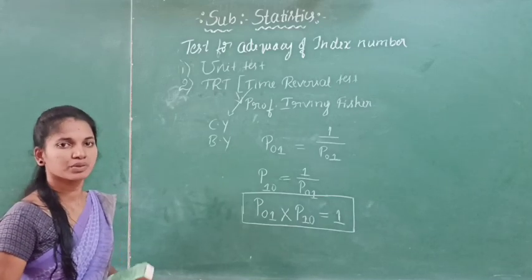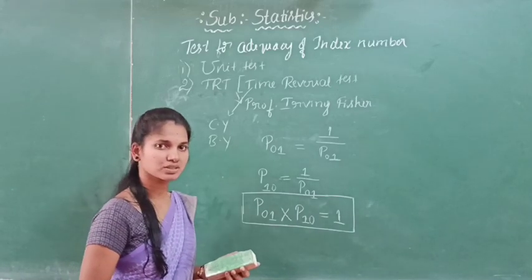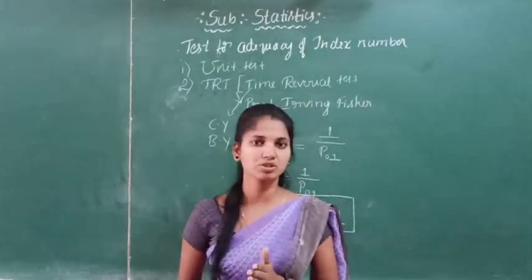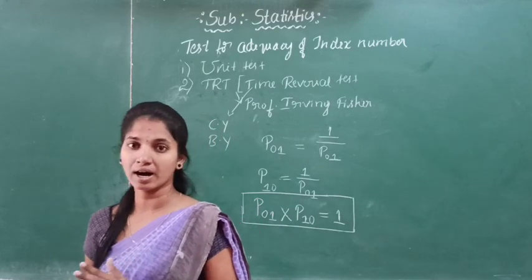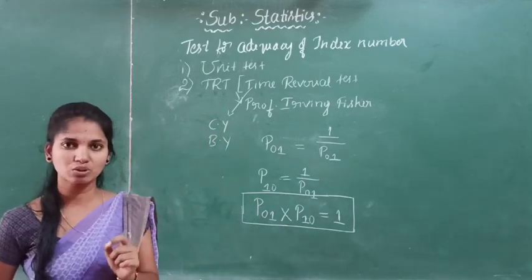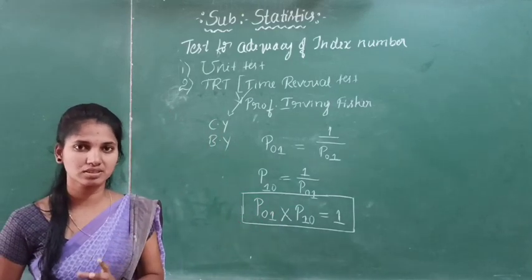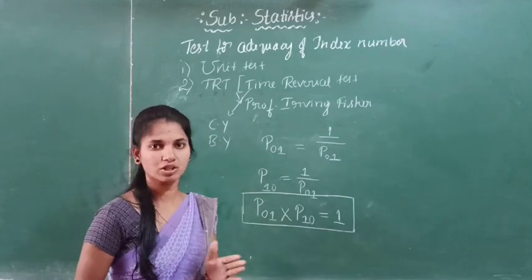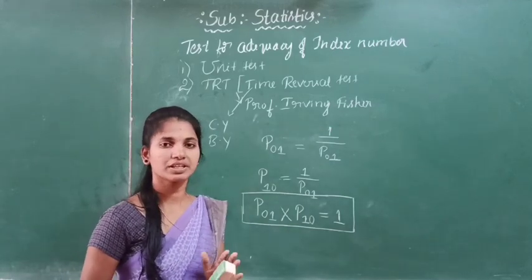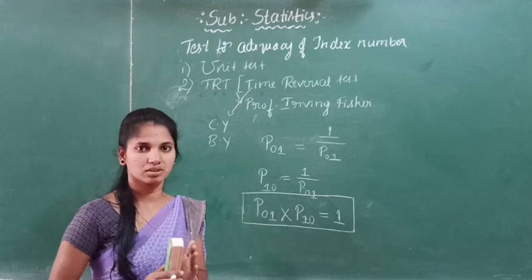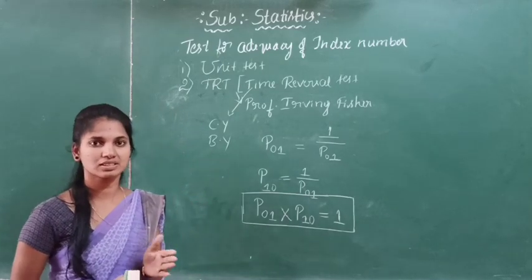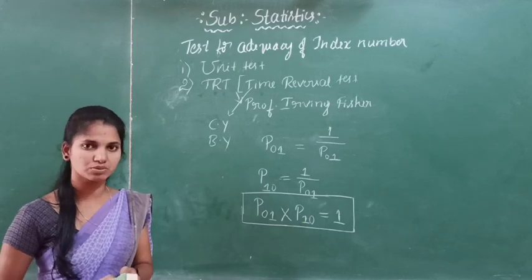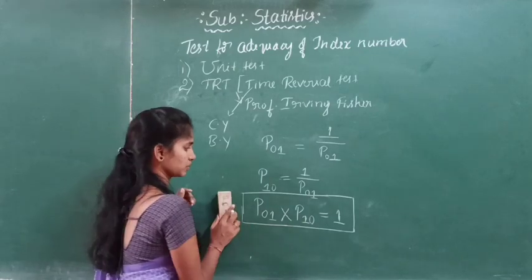For example, the Laspeyres price index number formula is summation P1 Q0 divided by summation P0 Q0 into 100. But in the calculations of the time reversal test, we don't consider the multiplication by 100 because it is not expressed in terms of percentage.